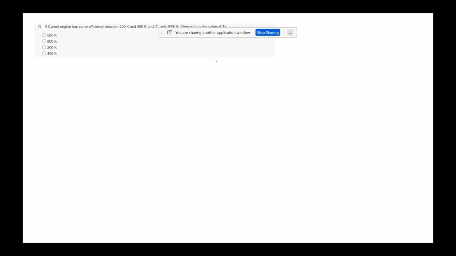Okay, this one says a Carnot engine has the same efficiency between 200 Kelvin and 400 Kelvin and between T1 and 1000 Kelvin. Then what is the value of T1? At first let me give a brief review of the Carnot engine. This is a PV diagram of a Carnot engine.